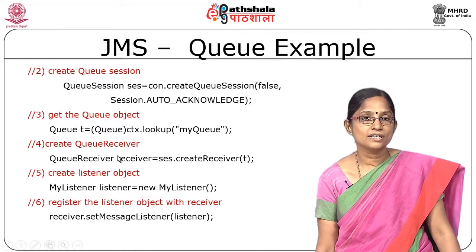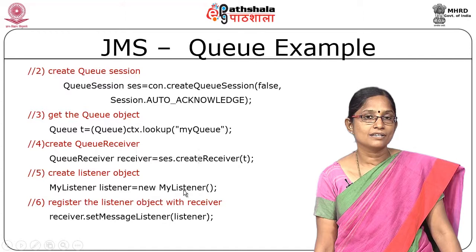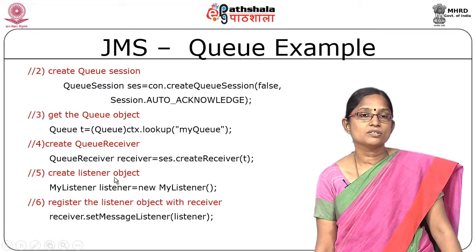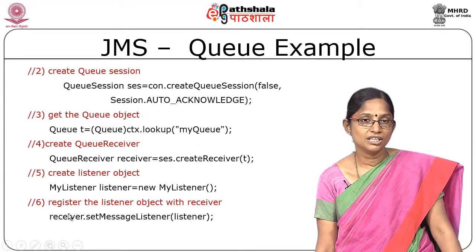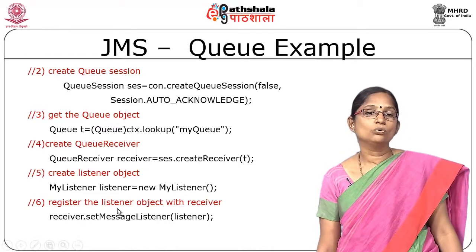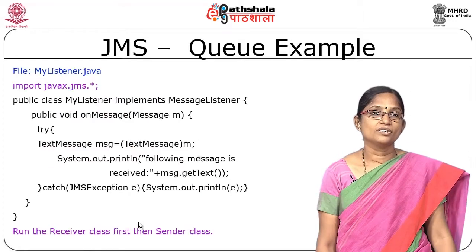In order to create a message listener, new MyListener(), and this handle has been passed on to the object listener. This message listener has been set over the message consumer, which is receiver. So, receiver.setMessageListener(listener), so that the message listener has been set over the message consumer. Now, only through this listener we are going to receive the message.